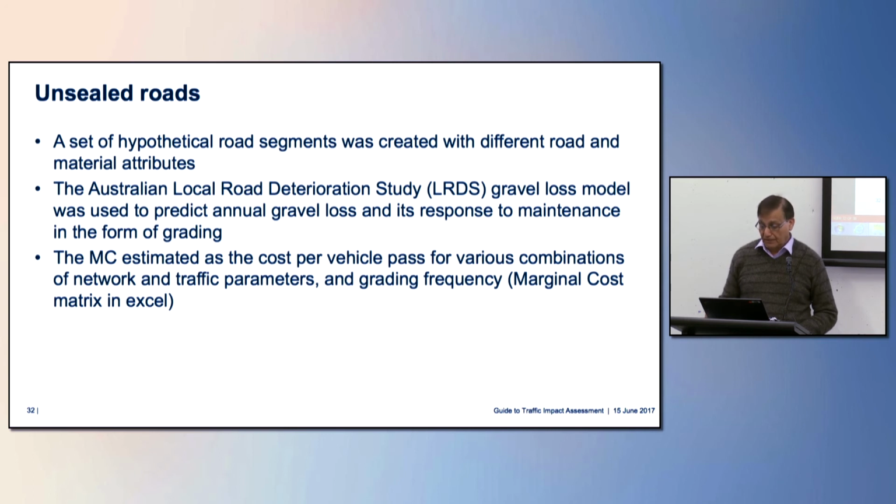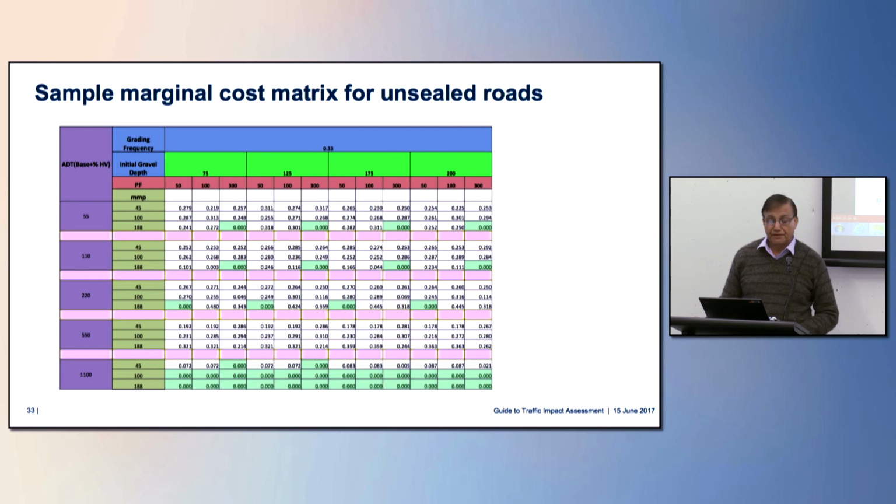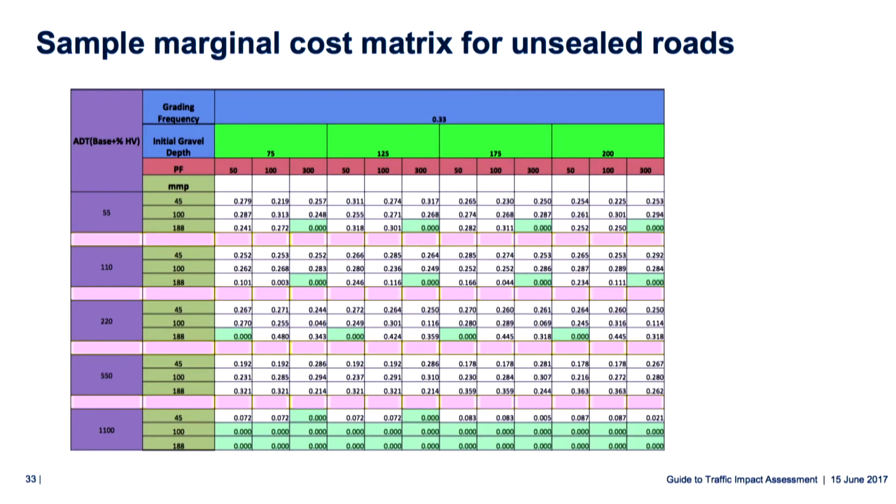Now, in the next page, I will show you a table. You can see this is the marginal cost matrix for unsealed road. On the left-hand side, that's the ADT, average daily traffic, with the percentage of heavy vehicle.